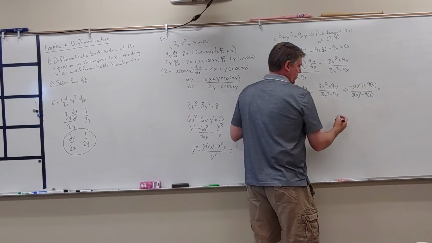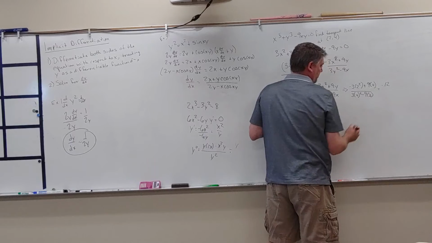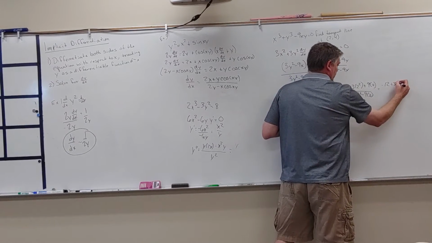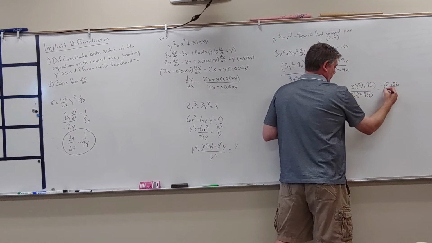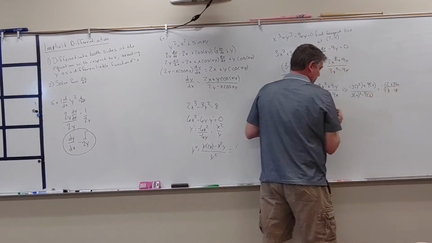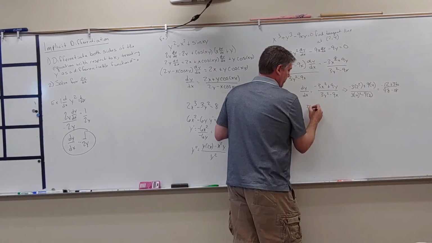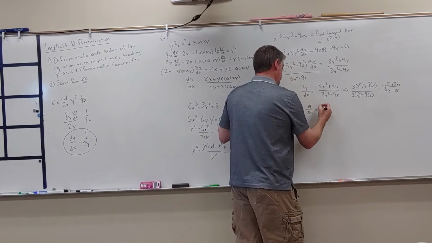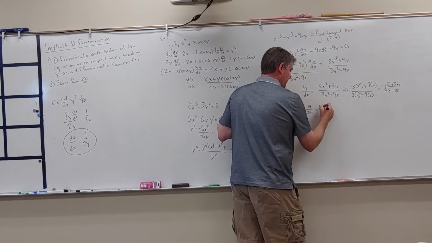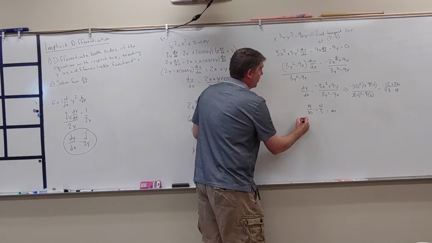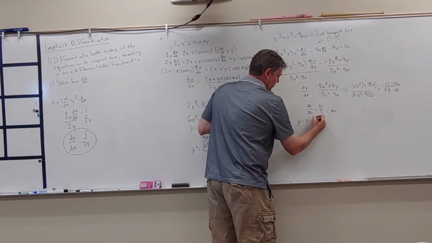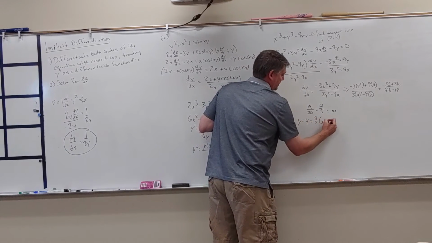That gives me negative 12 plus 36 over 48 minus 18, which gives me 24 over 30, which reduces to 4/5. There's my slope. So now I can just put y minus 4 equals 4/5 times x minus 2.